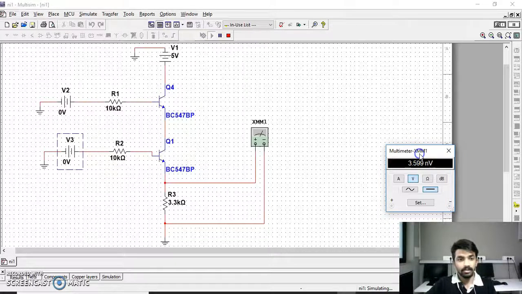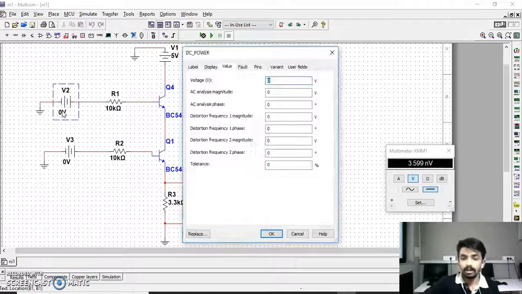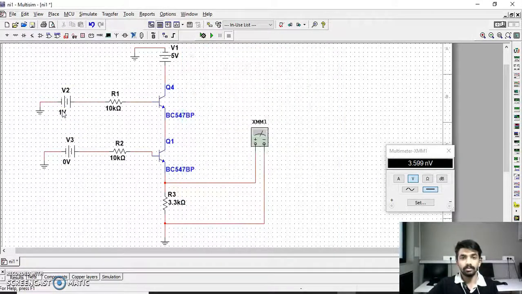Here there is a 0 volt supply, so there is 3.599 nanovolt, which is negligible. So we can call it 0 only. If I change one terminal to 1 volt, let's see.